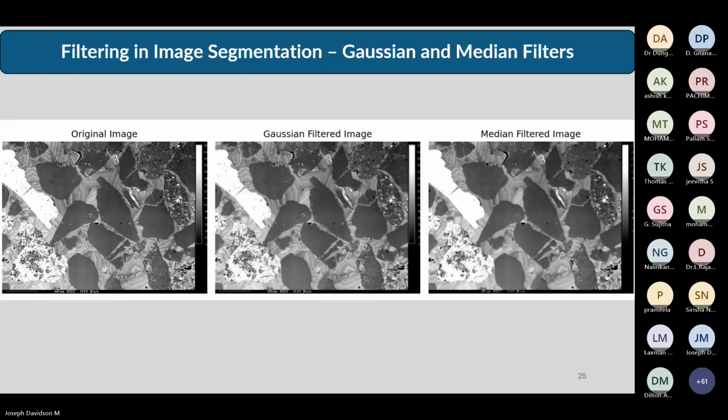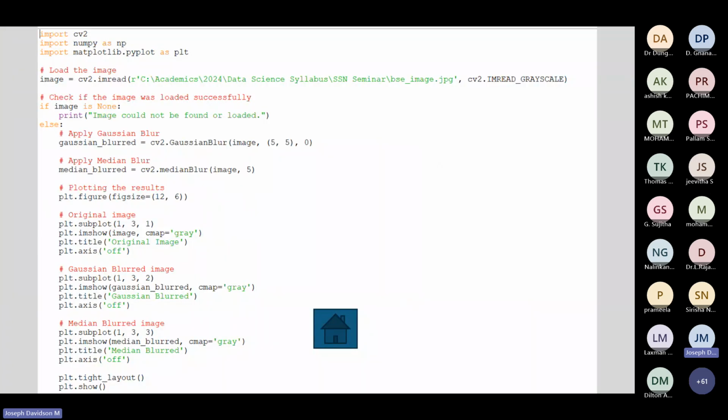Now, this is a filtering method used to remove the unwanted things. The leftmost one is the original image, and the middle one is a filtered image. Basically, what is a filter actually? You know, a normal filter that you use to separate the tea dust from tea, correct?